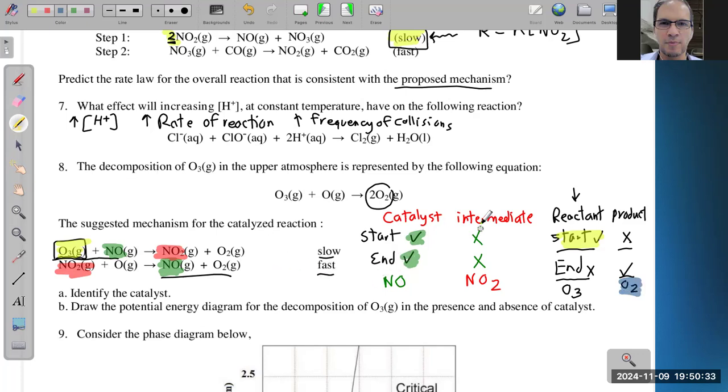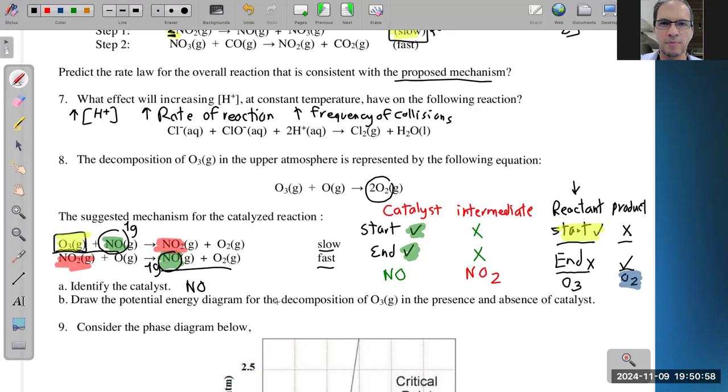If it's not at the beginning nor at the end, it's only in the middle, يعني ظهرت واختفت, it is the intermediate. So where is my catalyst? The answer is my catalyst is NO because it's showing at the beginning and also at the end. If I started with 1 gram of catalyst, how much do I end with? I end also with 1 gram. The amount does not change.